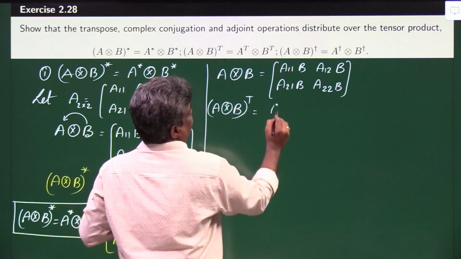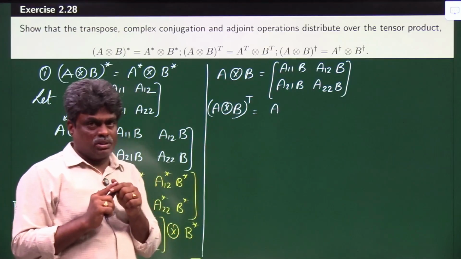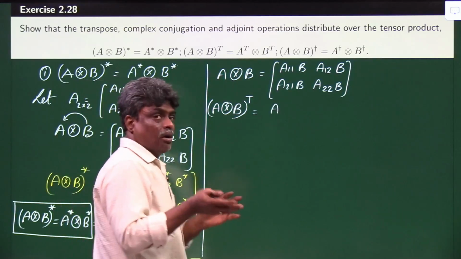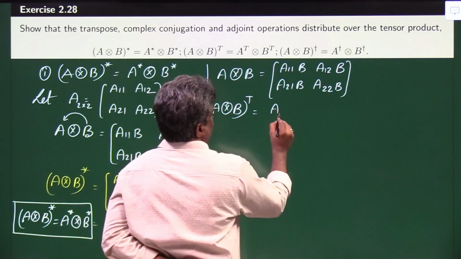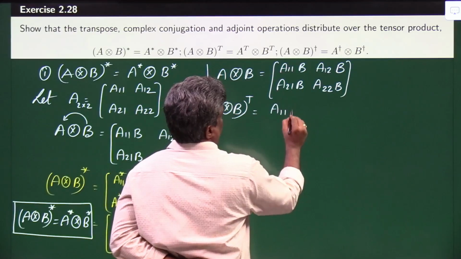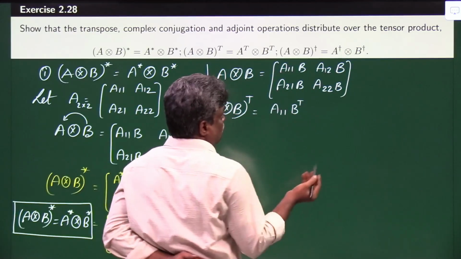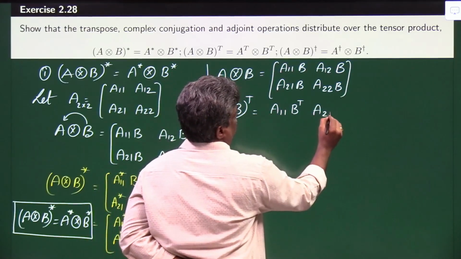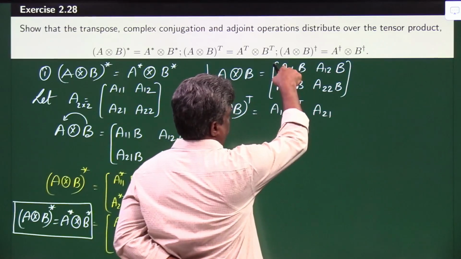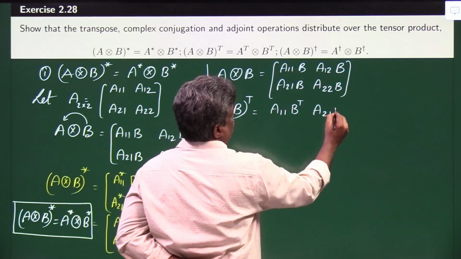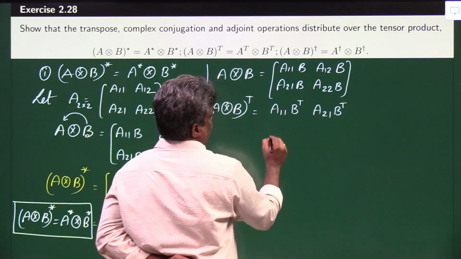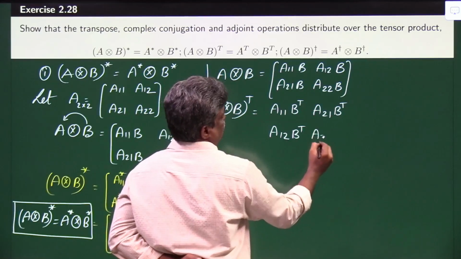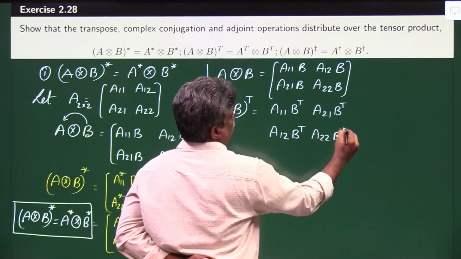Whenever you are taking the transpose, you have to write rows as columns or columns as rows. So this is A11 and I am taking a B transpose because I don't know what the B is, just write a B transpose. And here you will get A21 because I have written this row as a column, and this B transpose. And this is A12 B transpose and this is A22 B transpose.